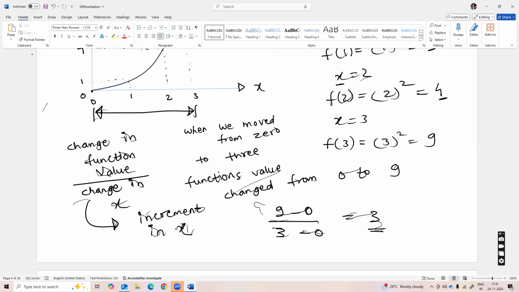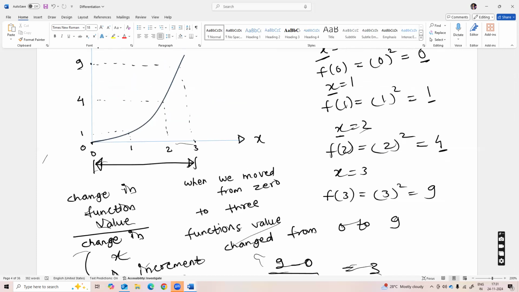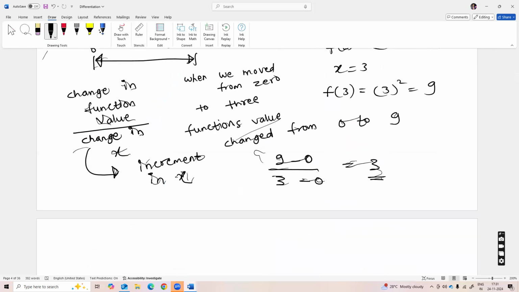So in this case we have seen the increment in x was from 0 to 3, and for that you got the change in function from 0 to 9. But if you consider a case where instead of moving from 0 to 3, you have moved from 0 to, let's say, 0.000001.